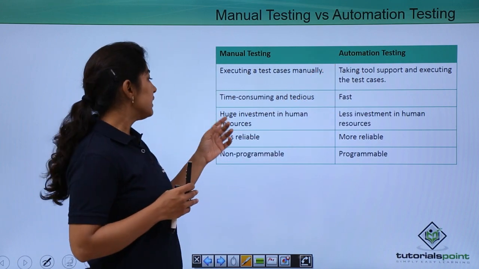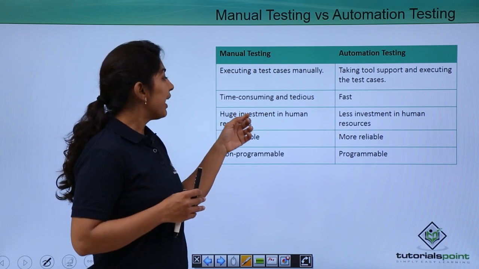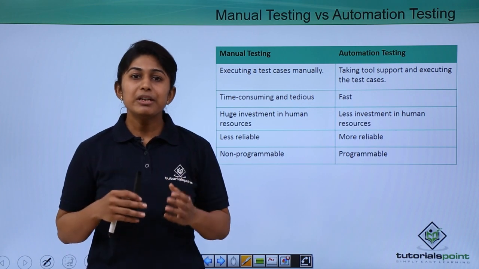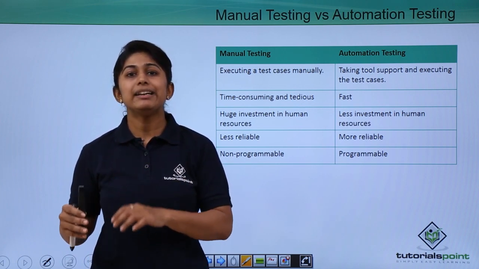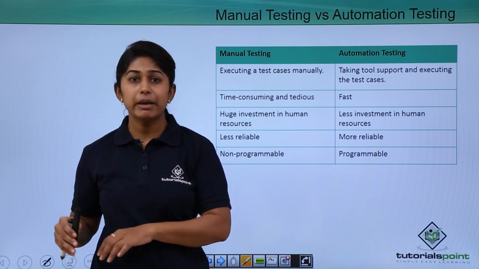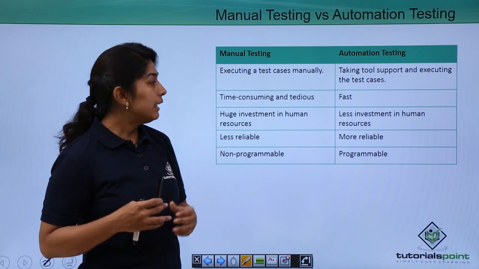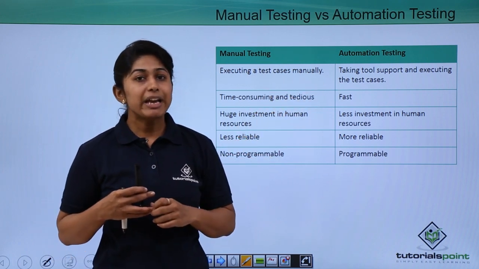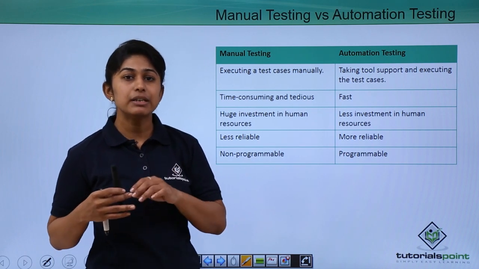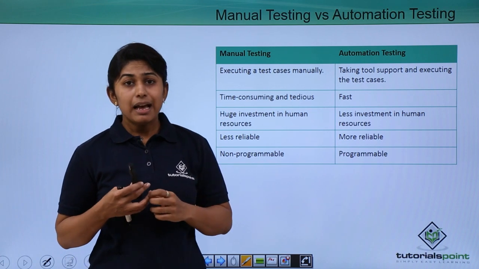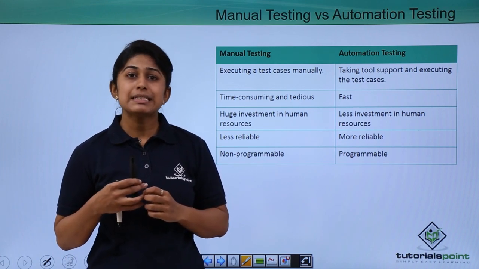The third difference is that in manual testing you will have a huge investment of human resources. As persons are occupied to enter data and do testing manually, you will need more humans. In automation testing, you will have less investment of human resources. Manual testing is less reliable as humans also tend to make some errors.